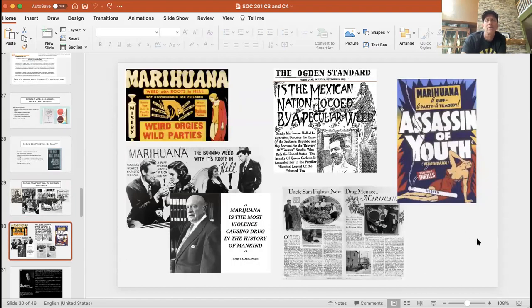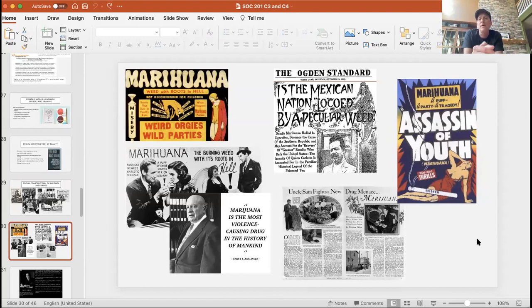Think about marijuana. There was a time period, of course, where marijuana wasn't constructed as anything. It was just a substance. Different indigenous communities didn't see it in terms of a moral position.